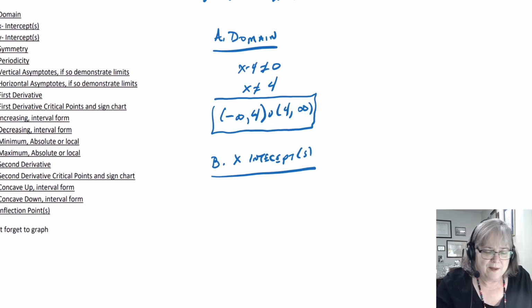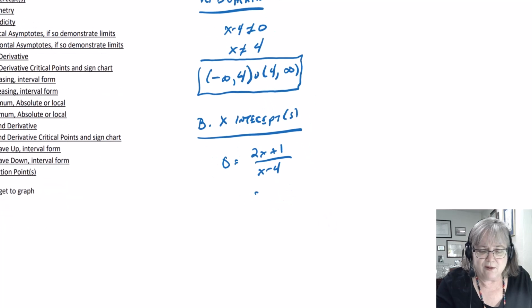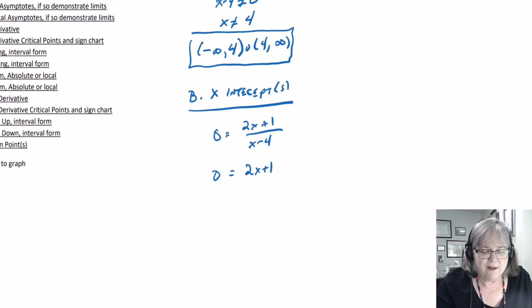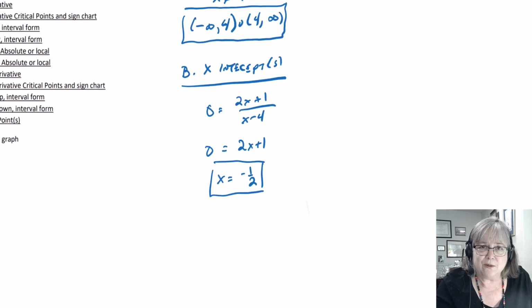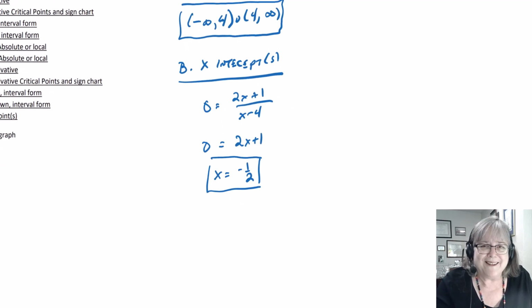Okay, so to find an x-intercept, you set y to be 0, which is this whole function, but if you're going to get 0, you get it out of the numerator because 0 out of the denominator is undefined. So all you really need is the numerator. But depending on your teacher and you and what keeps you sane, I would suggest you start off with the original function.